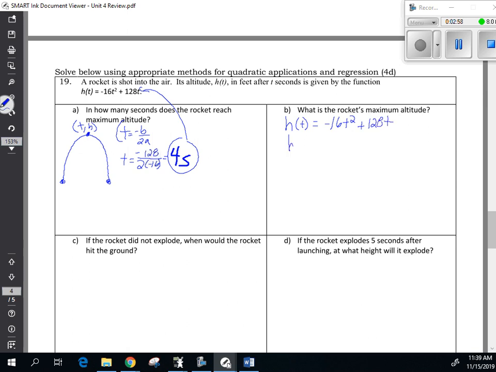So h of 4 would be negative 16 times 4 squared plus 128 times 4. And so that's going to be a total of 256 feet.